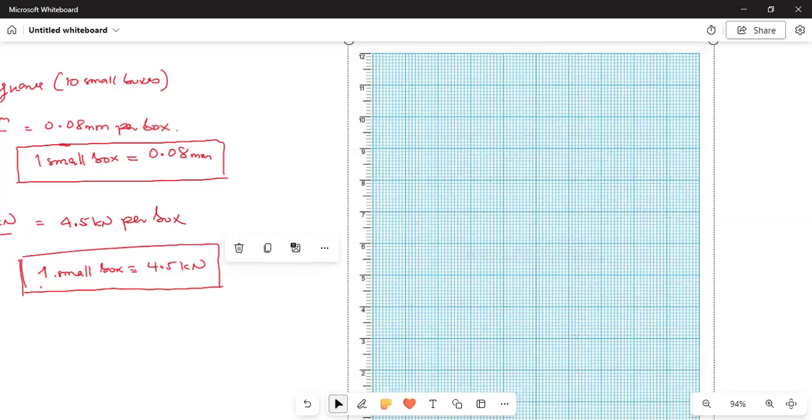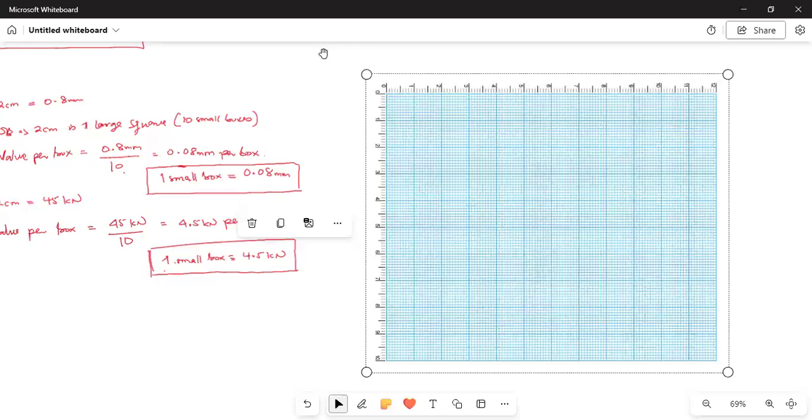Now I have rotated it. Okay, so this is what we are going to do.